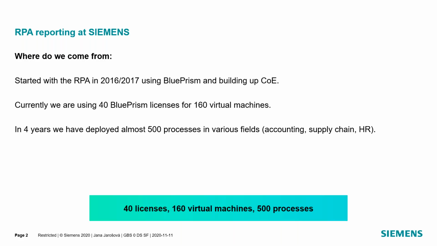These processes vary very much in size and also in the focus area. Of course, the majority of them are in some kind of finance and procurement area, as these are the most manual and data-heavy processes, but we have also few processes for our HR colleagues, etc., etc. So it's like huge variety.